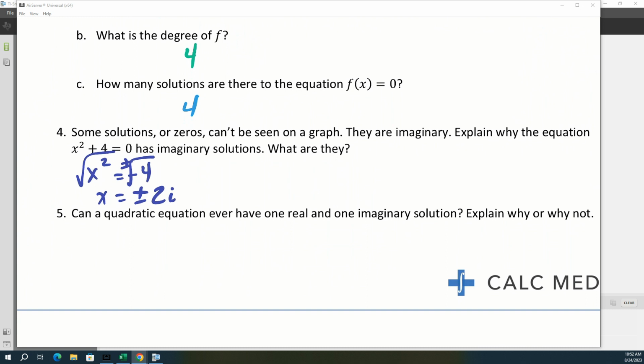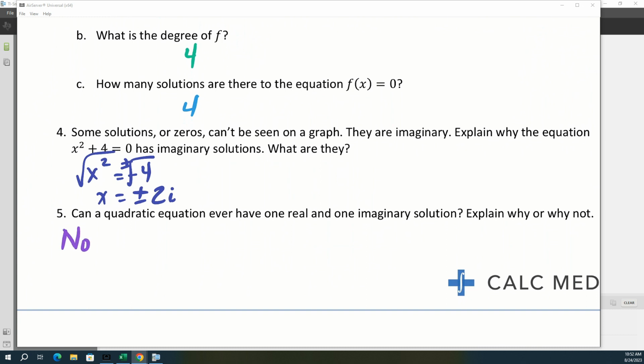All right, so can a quadratic equation ever have one real and one imaginary solution? No. So imaginary solutions always come in pairs because you get them by taking the square root of a negative, and when you solve by taking the square root, you have to do the positive and negative. So let me write that down with less words.